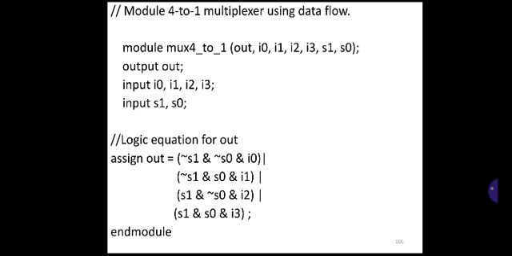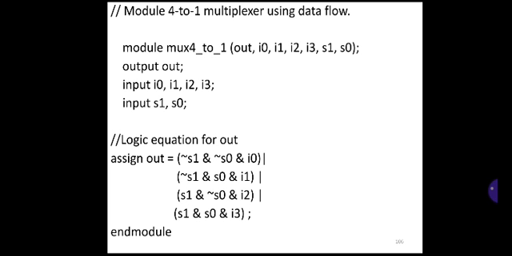S1 bar is nothing but the NOT of S1, which can be written with the tilde sign, negation of S1, in parentheses. So S1 bar, S0 bar, I0. Here the AND gate is present between S1 bar, S0 bar and I0, that's why it is an AND operation.